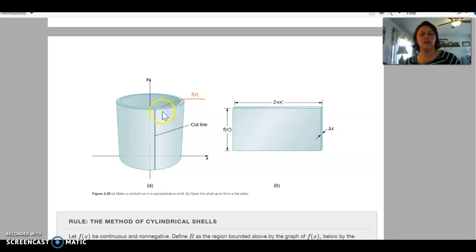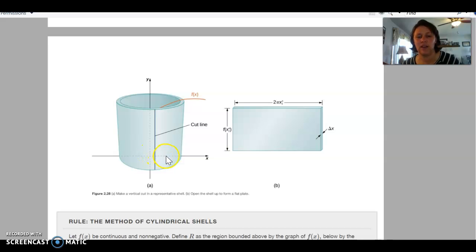In this case right here, they're using x for the radius because the length of x is really what the radius is. And we're going to have to take thousands of these shells or thousands of these strips to get the volume. That's why we have the change in x and why we're integrating in terms of x, because we want to find the sum of all of those different x values.